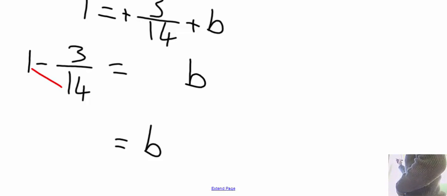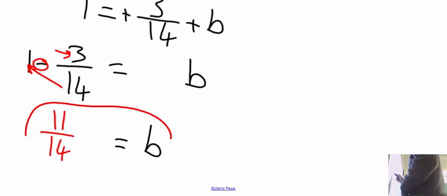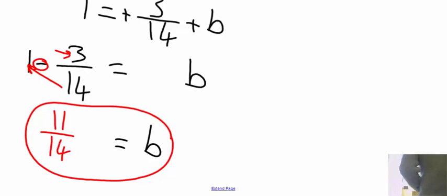Fourteen times 1 is 14, minus 3 is 11. 11 divided by 14 is your y-intercept. Did you see how I did that? Let me elaborate this part clearly.